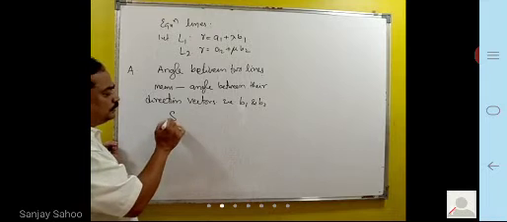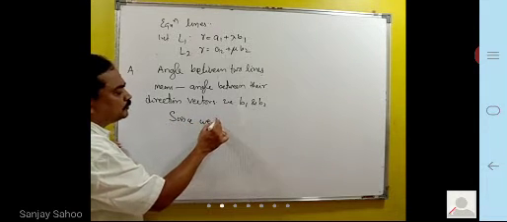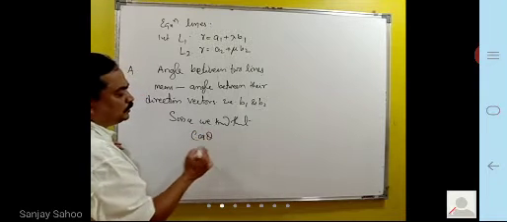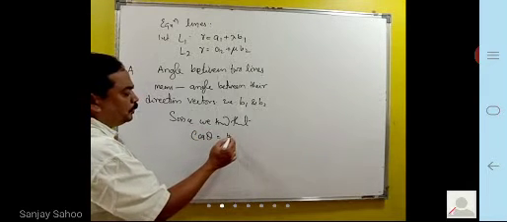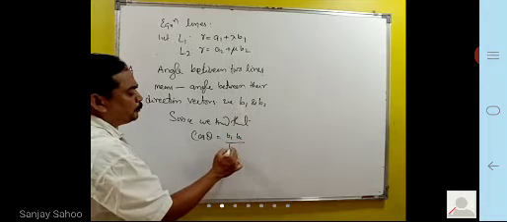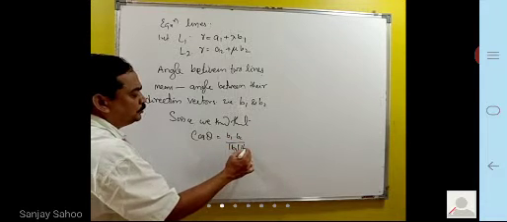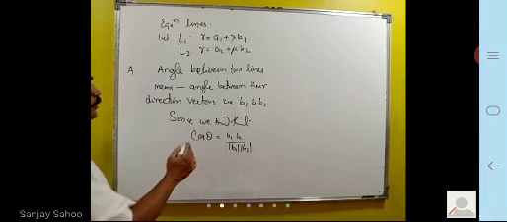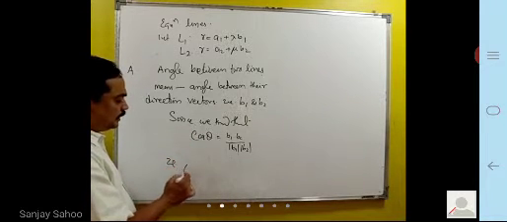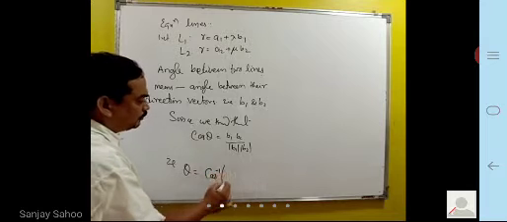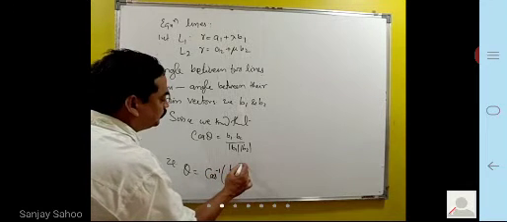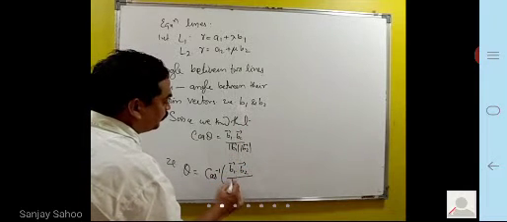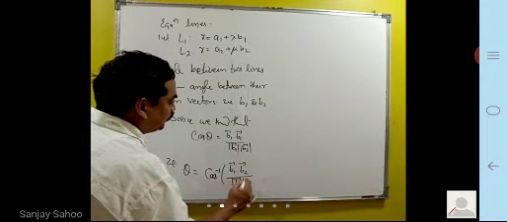Since we know that cos theta equals V1 dot V2 upon mod V1 mod V2, just as in the vector product we find this cos theta. Same way, theta is equal to cos inverse of V1 dot V2 upon mod V1 mod V2.